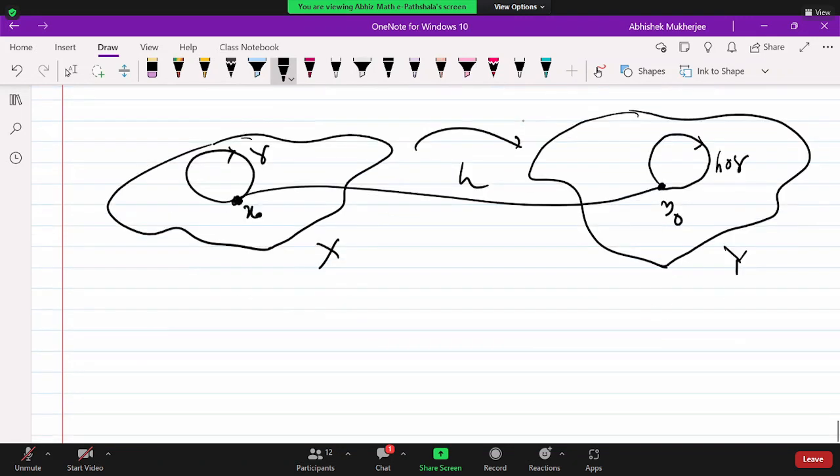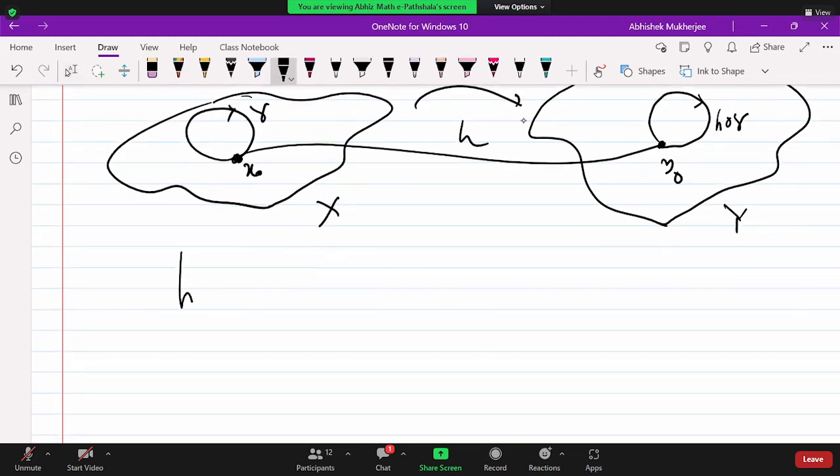So therefore, this defines a map. Let us define it in this way: h star, or let us say h x naught star.